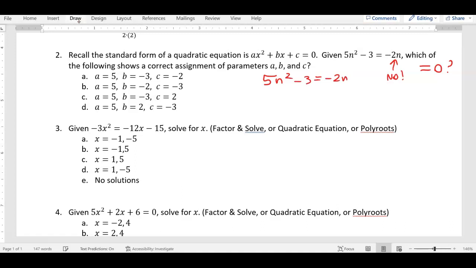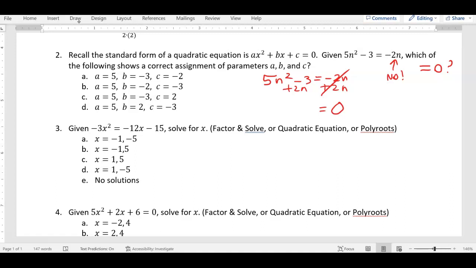If I want this to equal 0, then I need to get rid of this minus 2n. What is the opposite of minus 2n? Plus 2n here, and then plus 2n here. On the right, it cancels out, so now I have equals 0, which is great.